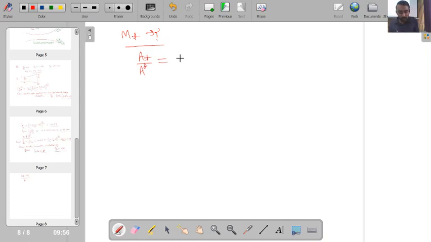So what I will do, I will now take the help of the area given at the exit. So I will do AT by A exit into A exit by A star. So A exit is cancelling, so the equation is remaining unaffected. Now AE by AT is given as 2, so this first ratio will be 1 by 2, and AE by A star we have just calculated, that is 2.17.